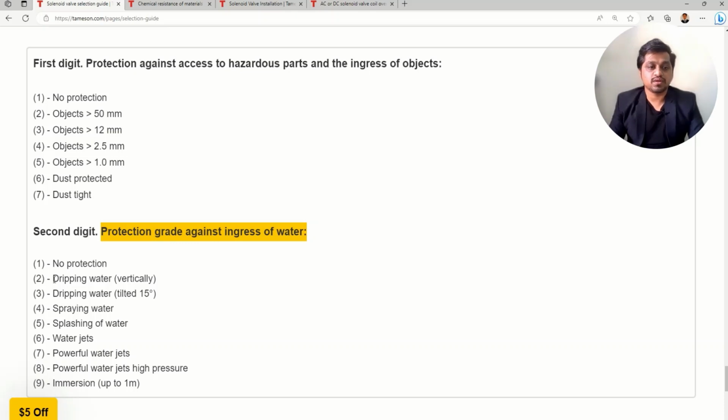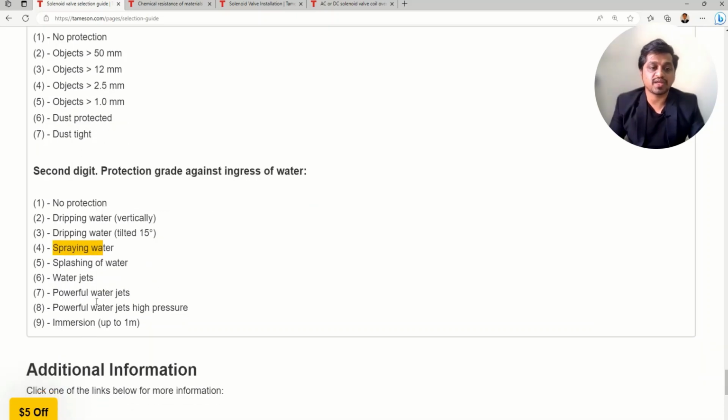So you can see the numbers, no protection. Then 2 is the protection against dripping water, then spraying water, then we have splashing water. And if you have the application directly under the water, you have to go with number 9, which is the immersion protection up to 1 meter. So this is how you should select the IP rating.